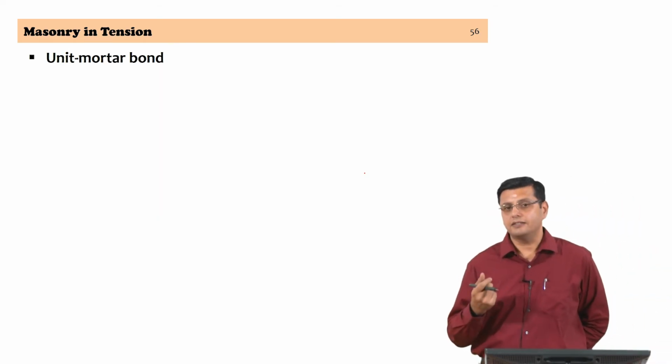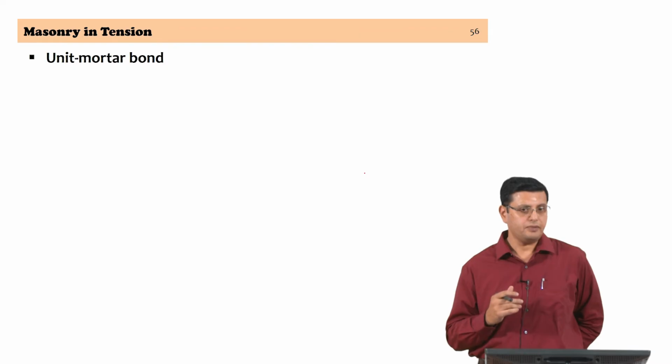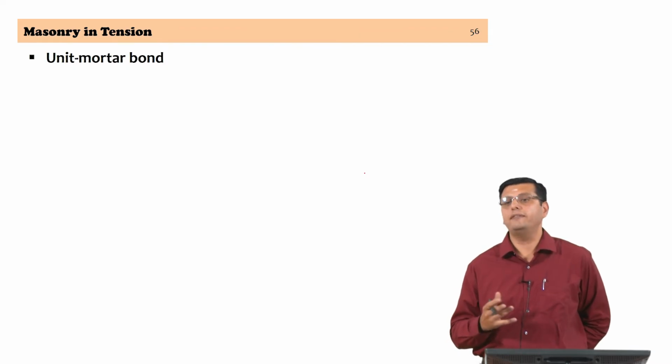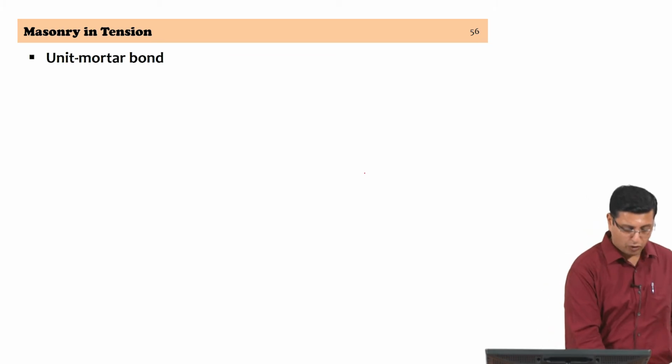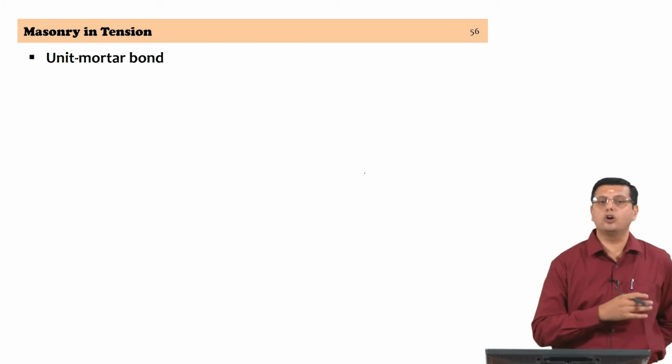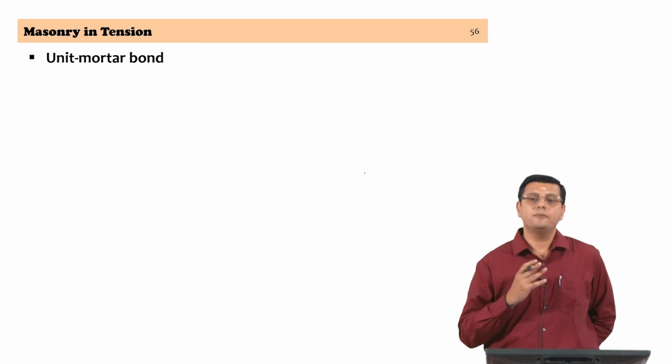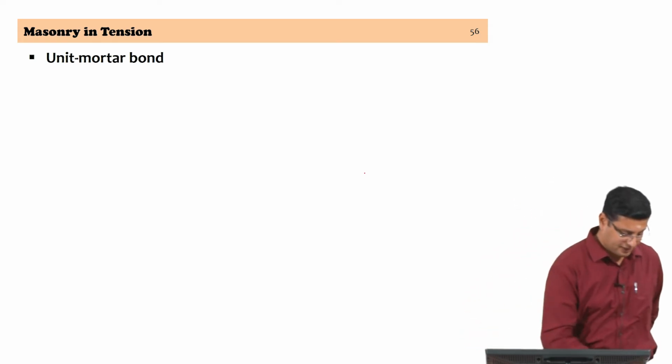It is the strength of the bond between the masonry unit and the mortar, and that matters particularly when you have lateral loads. So, the unit mortar bond is what we are characterizing when we talk of masonry in tension, and it is flexural tension that we are examining.